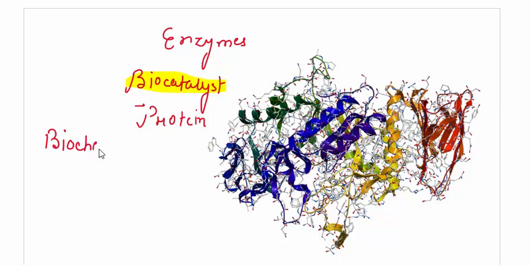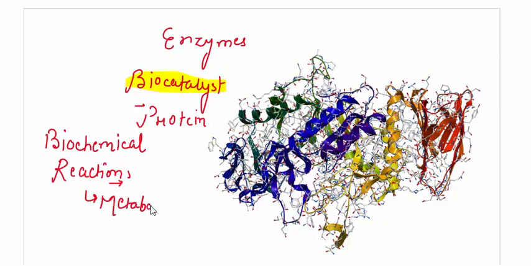That is why they are called biocatalysts. Biochemical reactions are also called metabolic reactions, and each and every metabolic reaction of our body is enzyme catalyzed because it enhances the rate of the reactions several manifold.